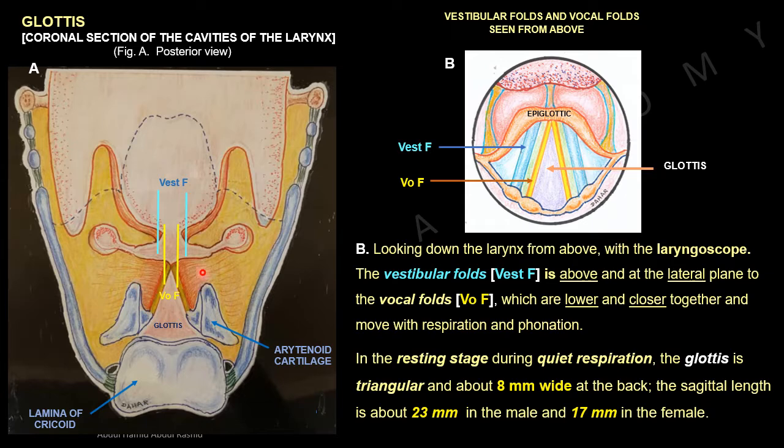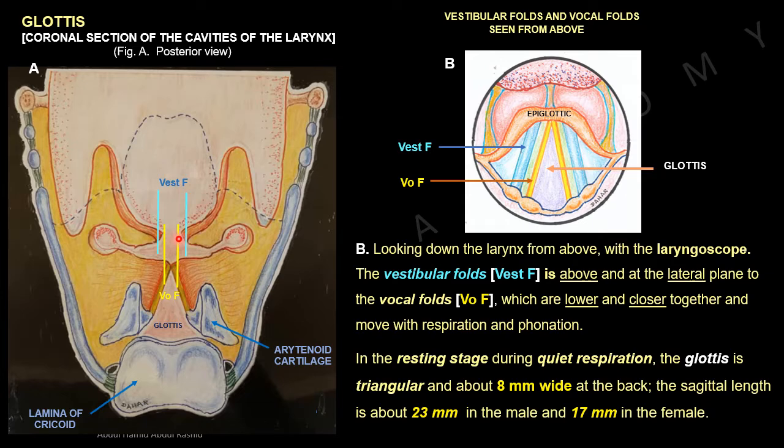You can see this little gap between the two vestibular folds, you can see the margins here. The two vestibular folds are at a higher level with a wider gap, compared to the vocal folds, which are at a lower level below the ventricle, and the gap between these two, that is the glottis, is much narrower than the gap here.